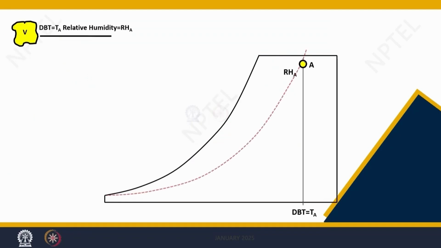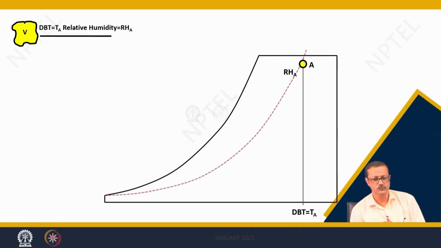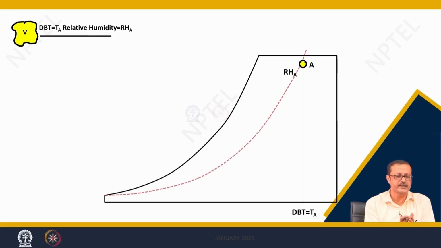So, next one. Suppose I know the outdoor temperature for a volume V and the RH is this much, RH A. So, I can plot with the temperature DBT, T A, and RH A a point A, right.